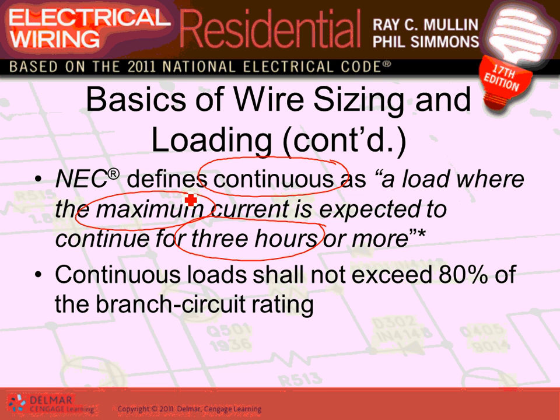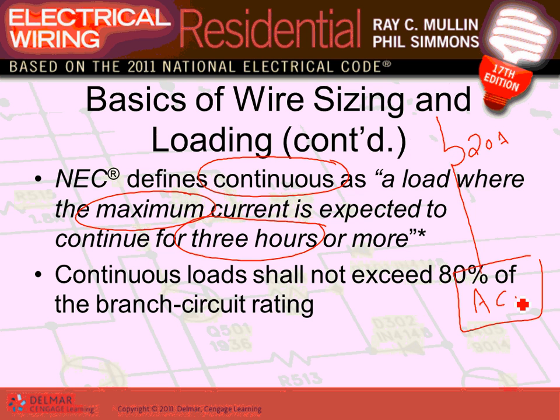A load is defined as a continuous load if it's going to run for 3 hours or more fully. For example, I have a 20 amp circuit breaker here, and I have my AC unit here. Does the AC unit run more than 3 hours fully? Yeah, good, right? So the AC unit is a continuous load.